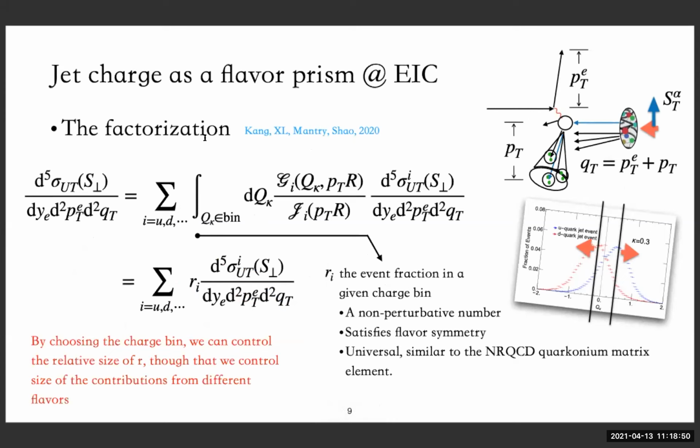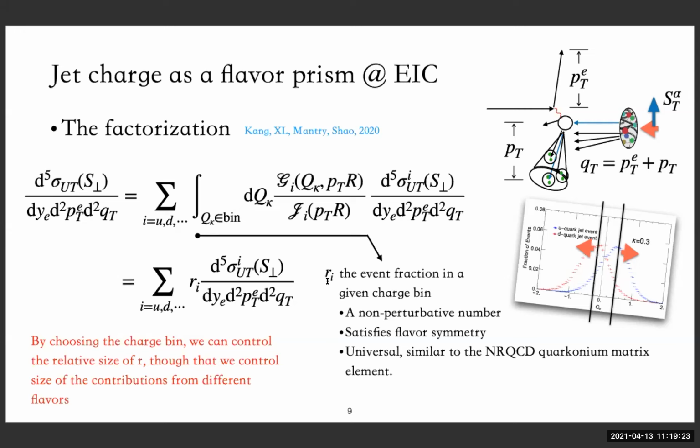The factorization theorem states that for almost back-to-back electron and jet production with very small imbalance qT in the TMD factorization, the cross-section with the jet charge measurements can be related to the conventional cross-section without the jet charge measurements by multiplying each partonic channel by a factor Ri. So here Ri is nothing but the event fraction in a given charge bin, as seen in this plot.